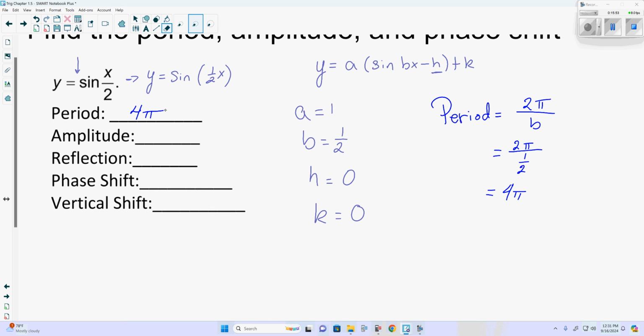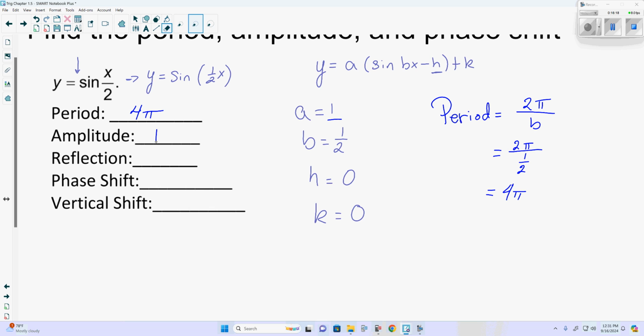We get about period. Amplitude. Absolute value of A is our amplitude. Well, that'd be the absolute value of 1. So the amplitude is 1. We'll get back to reflection; we'll talk about it here in a second. Phase shift. This is our left-right. Normally it's going to shift this far to the right, this far to the left.